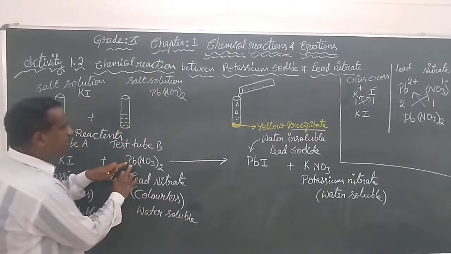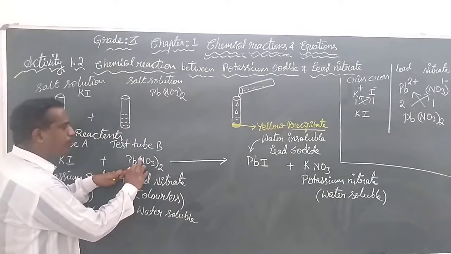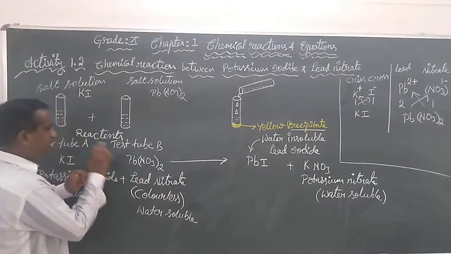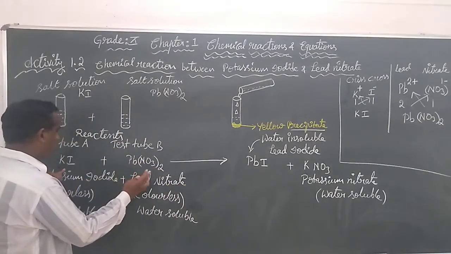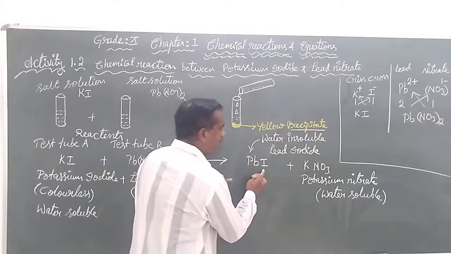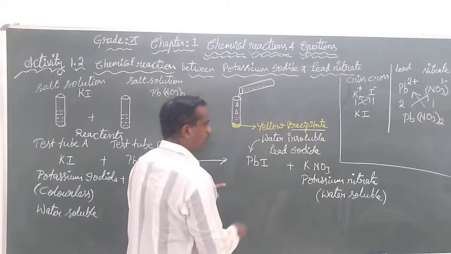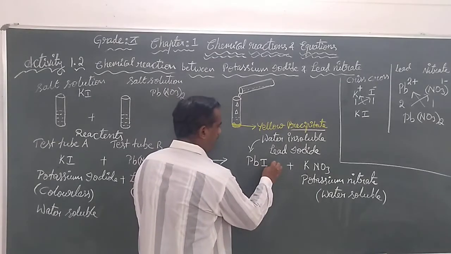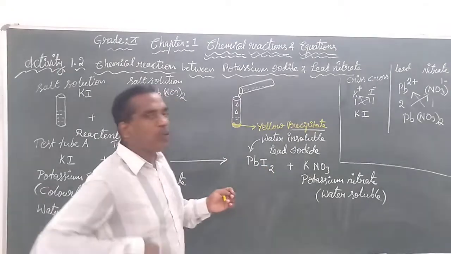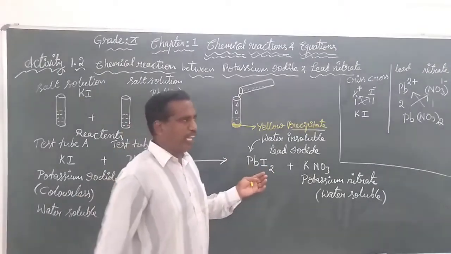Whereas previously on the reactant side, lead was combined with nitrate, on the product side, lead has accepted iodide and potassium has accepted nitrate. So lead is forming lead iodide, PbI2. Now let us see how to balance the lead iodide.